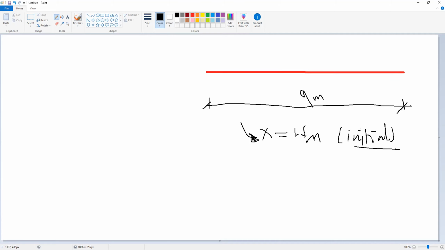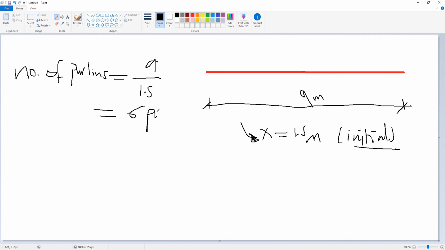Okay, so if x is 1.5, how many Berlins do we need? Do you know? 6. Yeah, we divide 9 by 1.5. This gives us 6 Berlins.